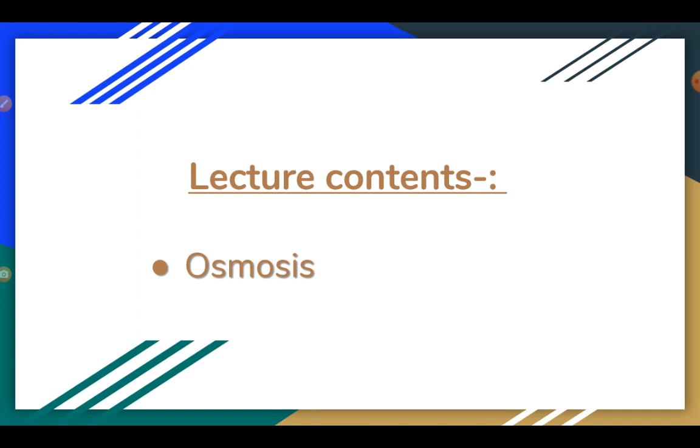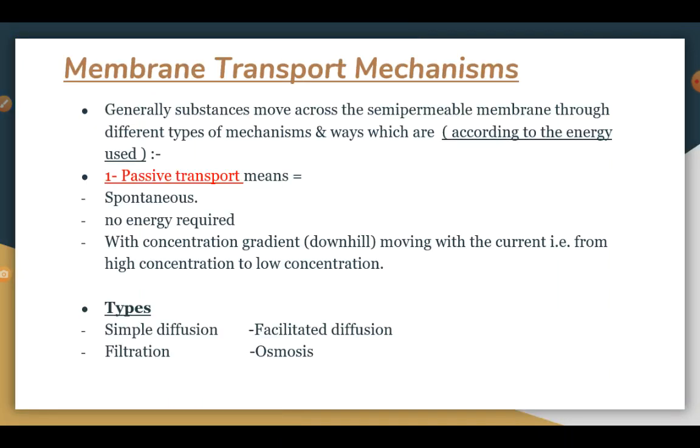Today we're going to talk about osmosis. Before we start, I want to review the membrane transport mechanism, which differentiates into passive transport and active transport according to the energy used. Passive transport is spontaneous, no energy required, from high concentration to low concentration.